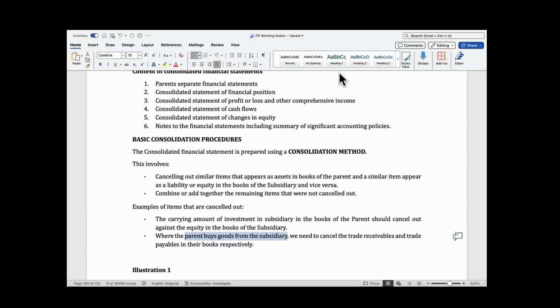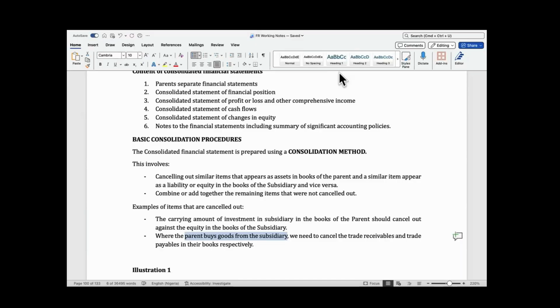We want to see you as a single unit. We don't want to see transactions you have with yourself. And that is why the approach to consolidation is what we call an acquisition method or a consolidation method using the cancellation rule. And that's all it is about.